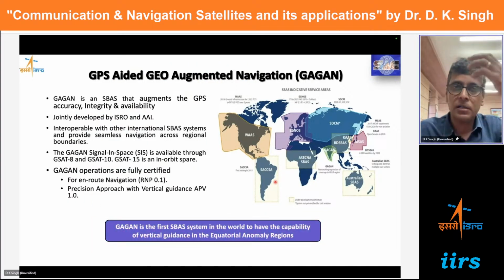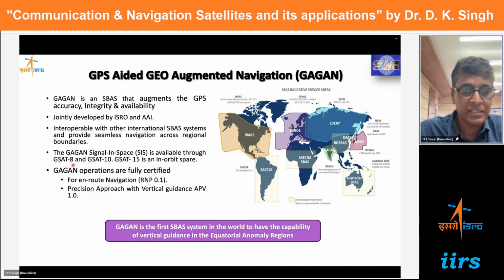Now this is the GAGAN, which stands for GPS Aided Geo Augmented Navigation. We have this system placed on 3 of our geostationary satellites called GSAT-8, GSAT-10 and GSAT-15, and we got the certification where this system is certified for en route navigation.